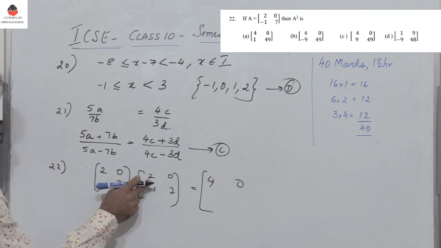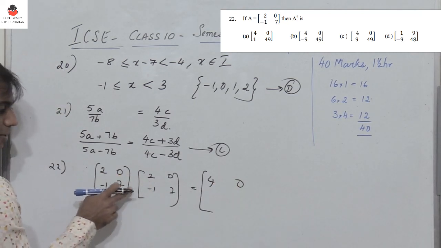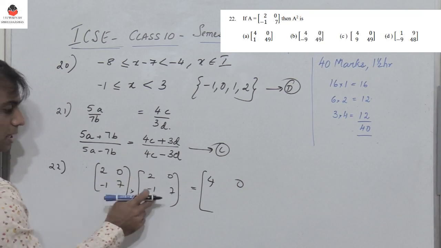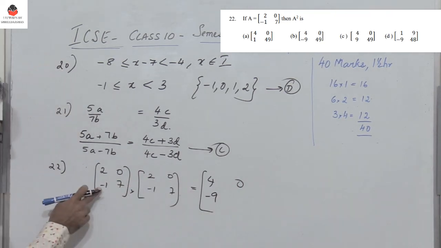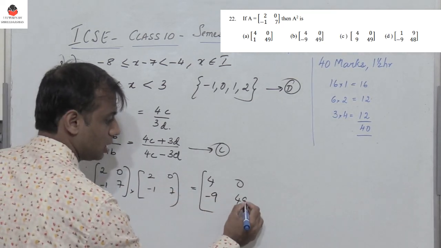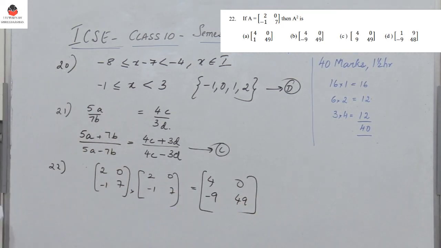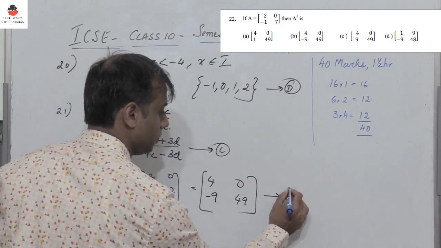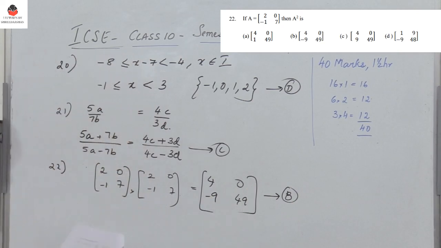Minus 1 into 2 plus 7 into minus 1 is minus 2 minus 7, which is minus 9. Minus 1 into 0 is 0, plus 7 into 7 is 49. So the right option is, of course, option B, 4, 0, minus 9 and 49.